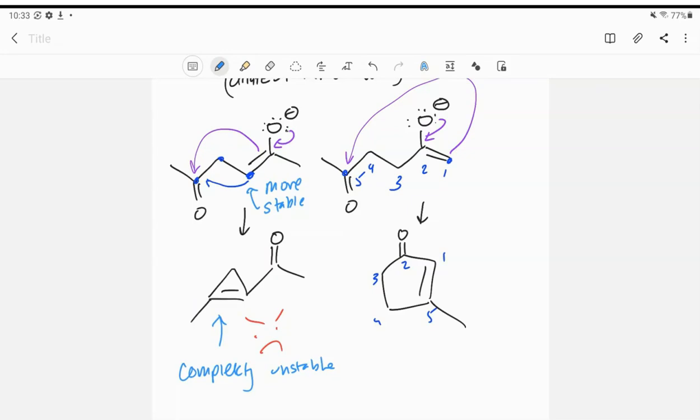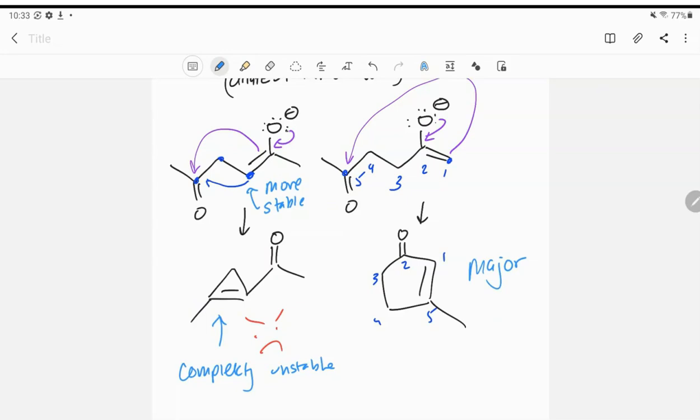So remember, the more stable intermediate will give us our kinetic product, and that may or may not be the same as our thermodynamic product. And as we can see here, this cyclopropane thing is really just not a good idea. It's probably not going to form very readily. So our major product in this case is probably going to be this one, especially since we're heating it.